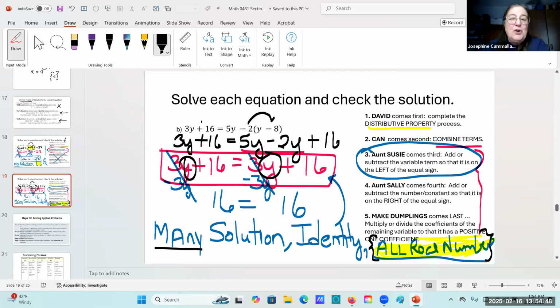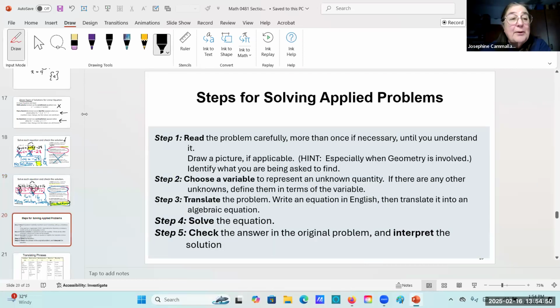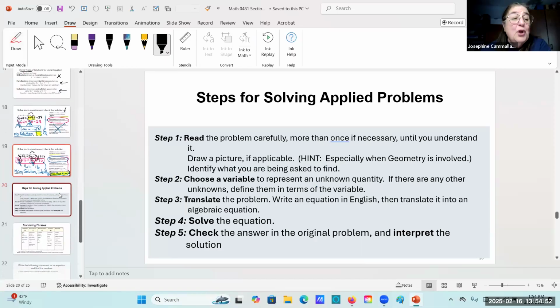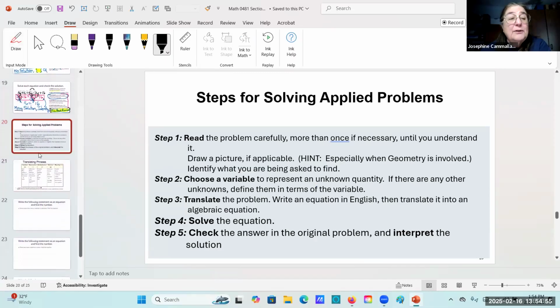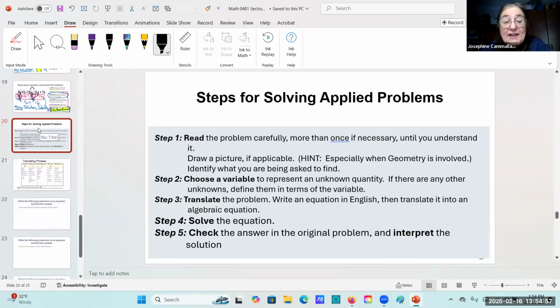Now, we're going to finish up. Now, your book is going to give you these steps. Now, I always let you know because some instructors prefer to use this. I have a little bit of a tweak with it, but we'll see that as we go forward.